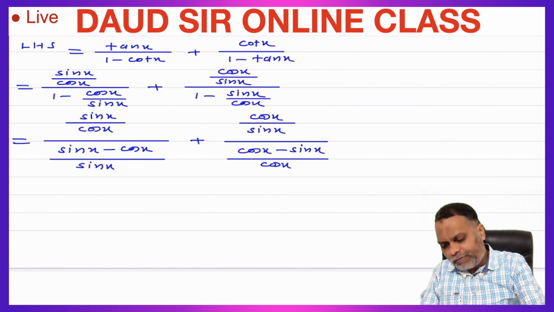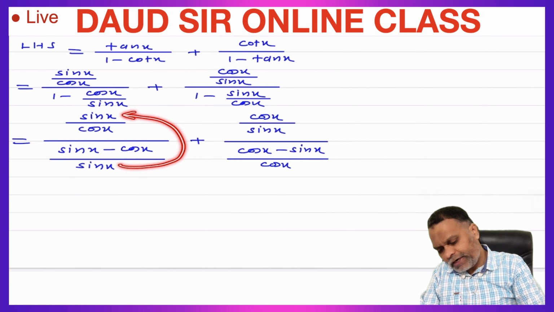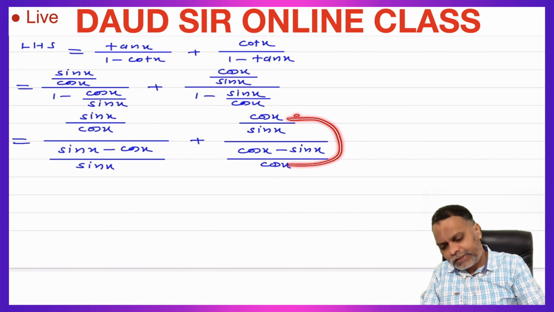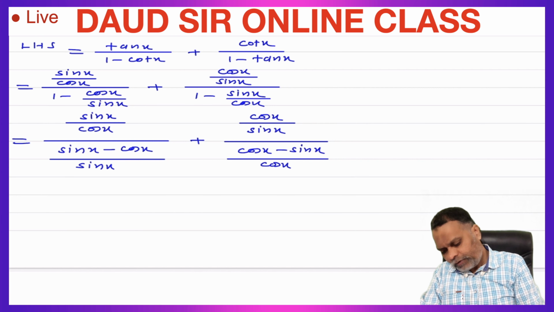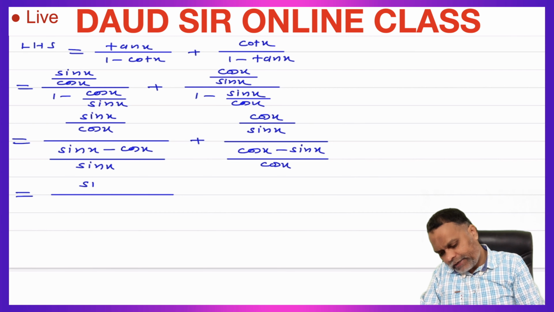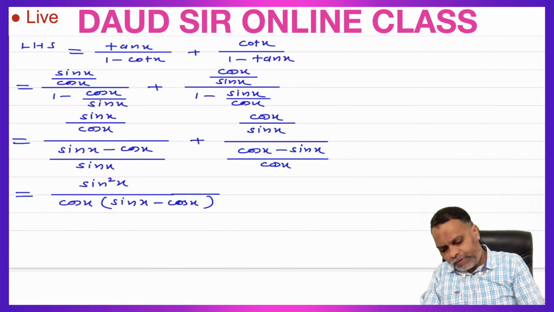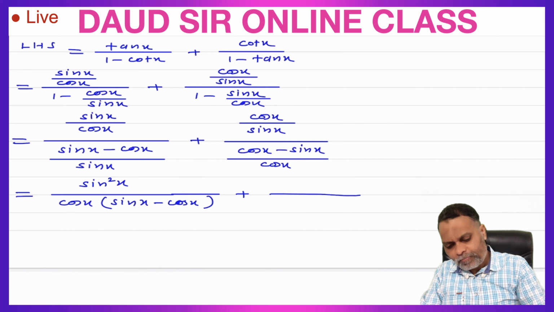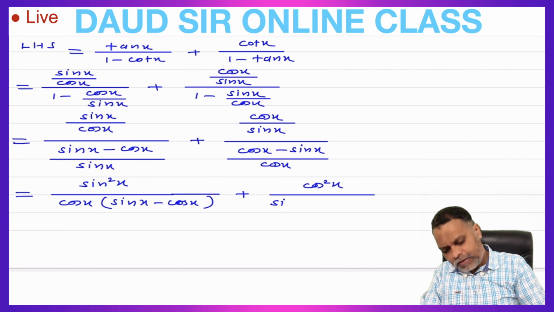So they are double fractions. So shift them, this sin x into numerator and this cos x into denominator. Similarly, cos x in numerator and sin x in denominator. So we can write this sin x into sin x, sin square x upon cos x into sin x minus cos x, plus this cos x into cos x, cos square x upon sin x into cos x minus sin x.